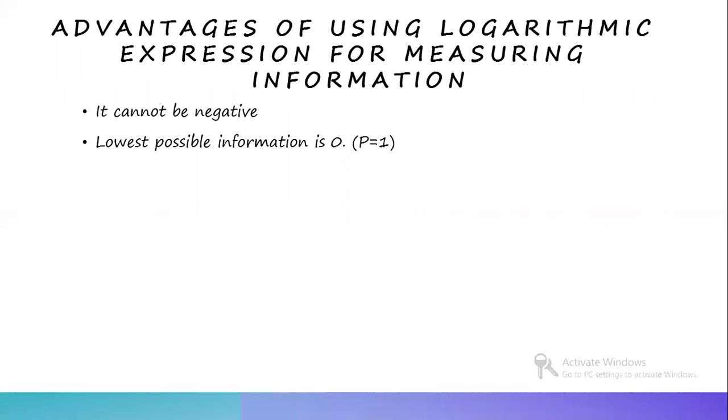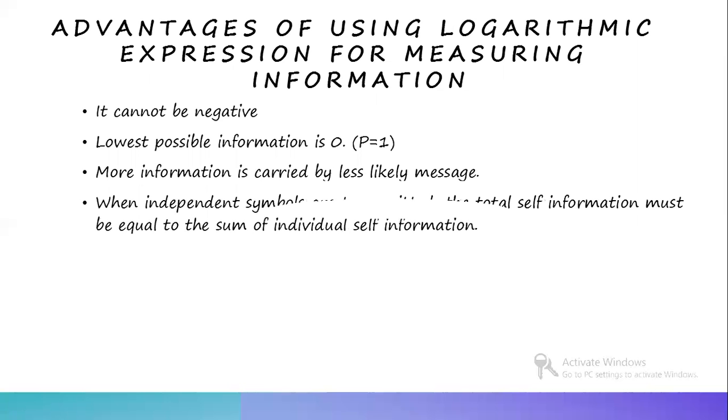If the self-information is 0, that means the event is sure to occur, that is, the probability of the event will be 1. Third, more information is carried by a less likely message. Fourth, when independent symbols are transmitted, the total self-information must be equal to the sum of the individual self-informations. These are the advantages of using logarithmic expressions for measuring information.